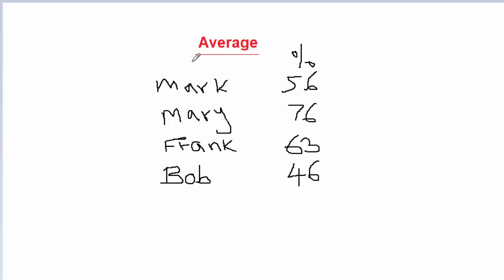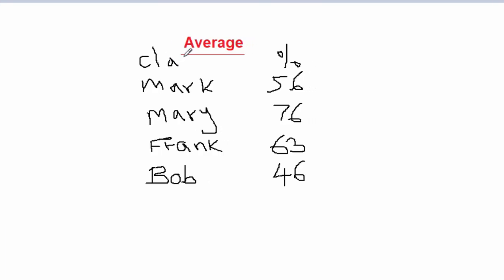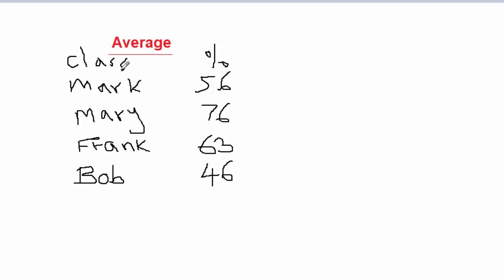So assume this is class A. Let me just brand this as class A. Then in this class, this is class A. Then my colleague on the other side has his class, and maybe that class we can call it B.